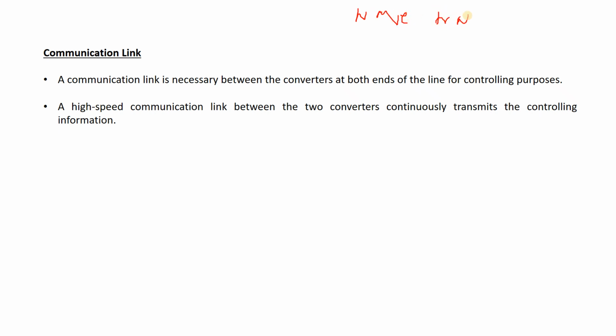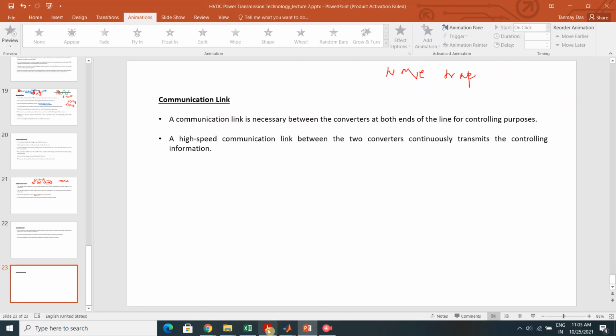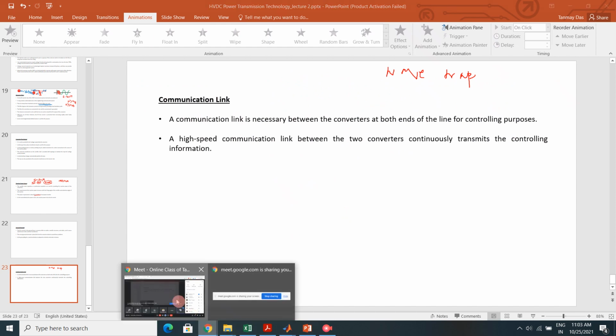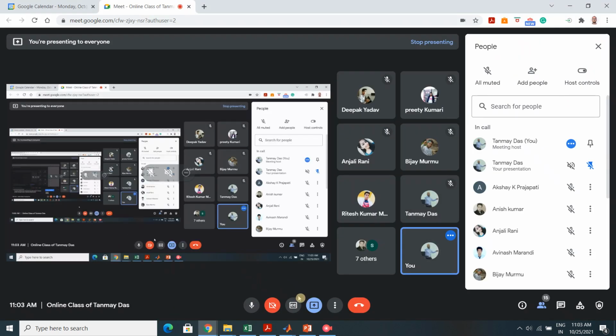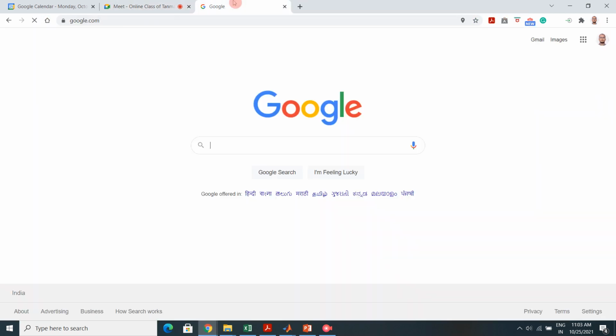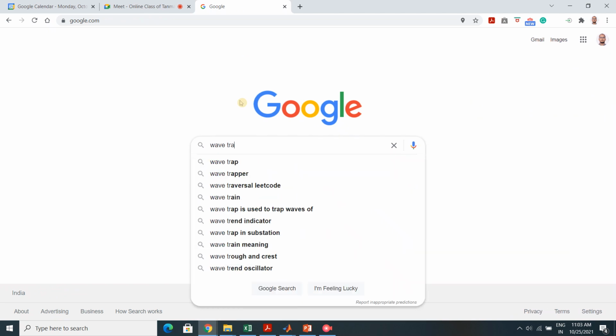Okay, have you heard the word wave trap? Have you seen a wave trap? No, sir. You have not seen a wave trap. Okay, if I Google the picture for you, it will be easier.